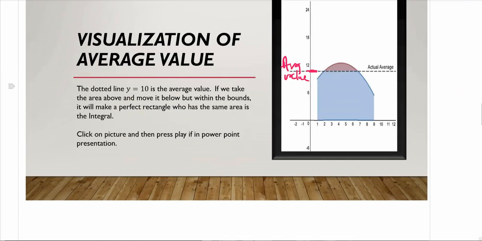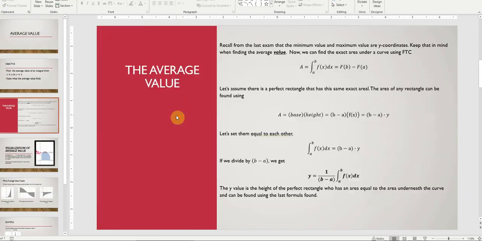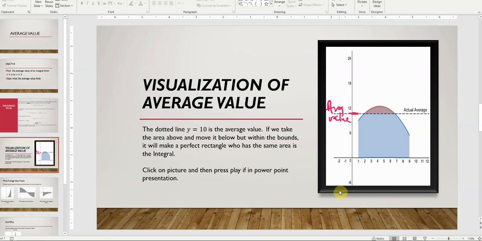So in my PowerPoint, I have this slide here, and I have a little video, so I'm going to click on it and press play. Right here on the dotted line is my average value. I'm going to melt this pink part and fill it up to make a rectangle.